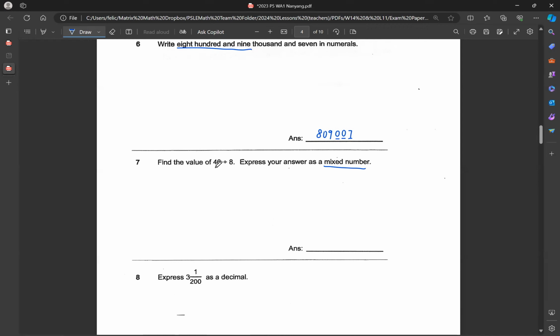So finding the value of 46 divided by 8, if I write it as a fraction, it's the same as 46 over 8. And of course, you can now re-express it as a mixed number since this is an improper fraction. The mixed number will be 5 wholes and 6 over 8, and you can go on to simplify this: 5 wholes and 3 quarters.